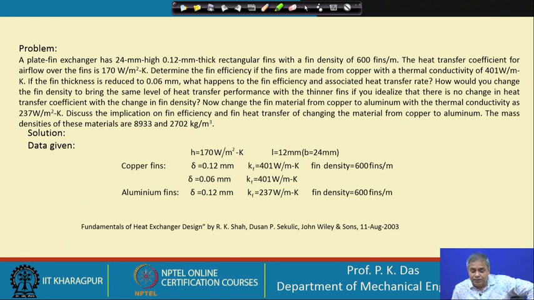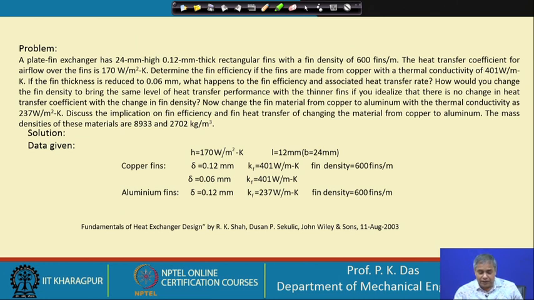Now, change the fin material from copper to aluminum with the thermal conductivity as 237 watt per meter Kelvin. Discuss the implication of fin efficiency and heat transfer of changing the material from copper to aluminum. The mass densities of these materials are given. Aluminum is obviously much lighter, and the density of copper is higher. So, some data are given, the heat transfer coefficient is given, that is 170 watt per meter square Kelvin.